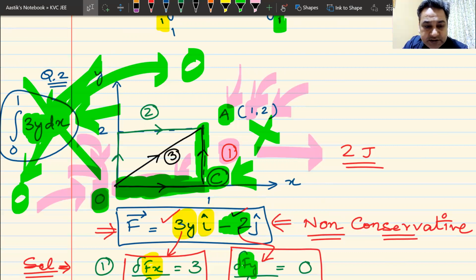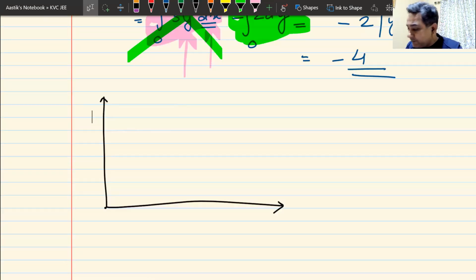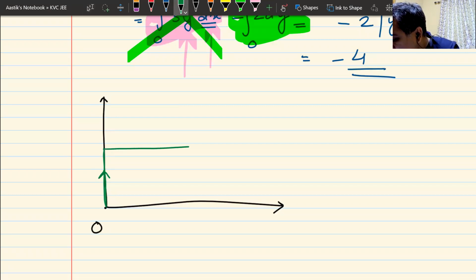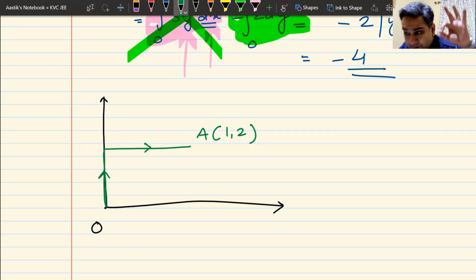If I can now share the screen, I have my point O. Then I have the green path. This is my point A, with coordinates 1, 2. This is the path that we are concerned about right now.